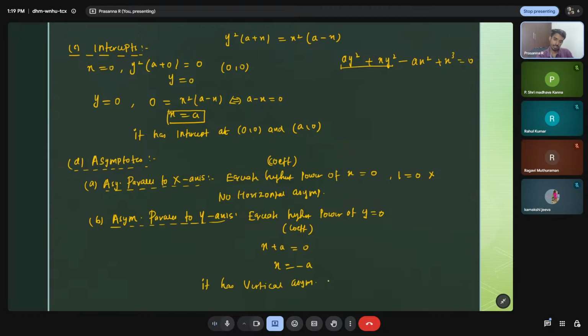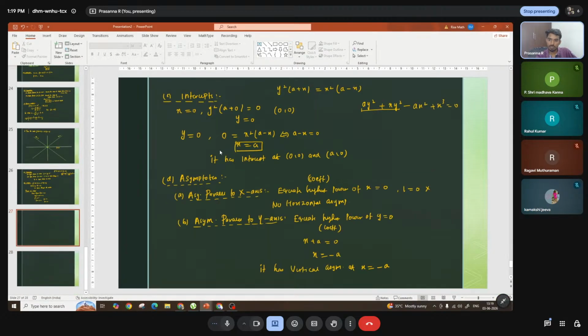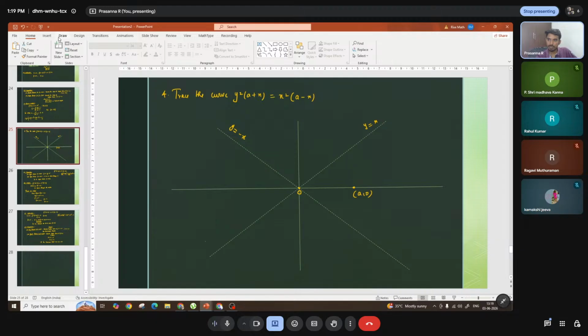It has a vertical asymptote at x equal to minus a. We have one more asymptote at x equal to minus a.